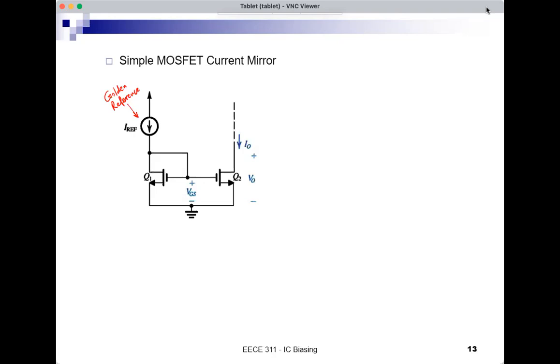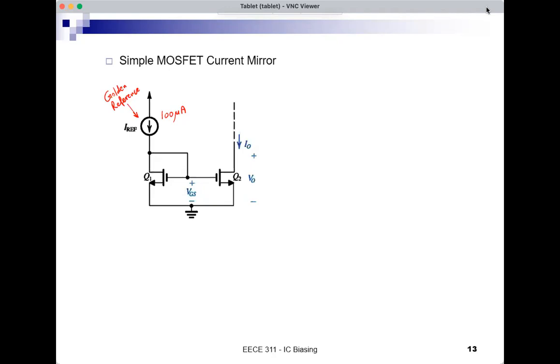So let's say this IREF is my golden reference. And for example, let's say I built it and it's 100 microamp and it's perfect, ideal, 100 microamp, fixed, no matter what. Now, in another part of the circuit, I need a current source, which is 200 microamp.